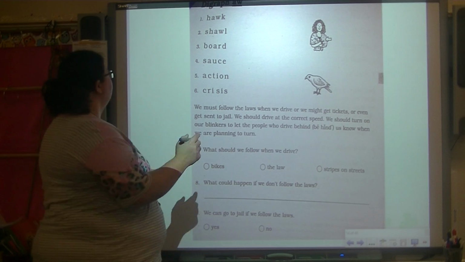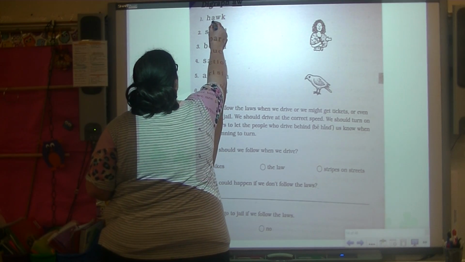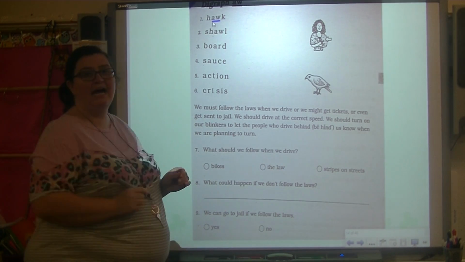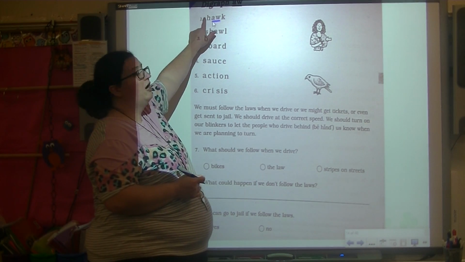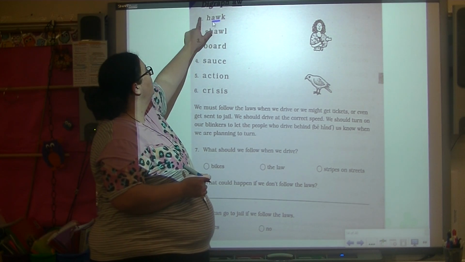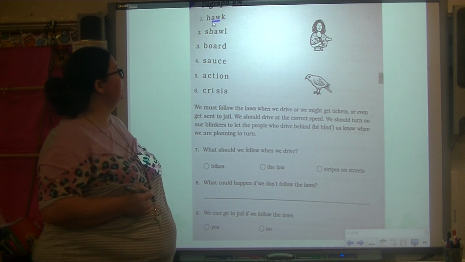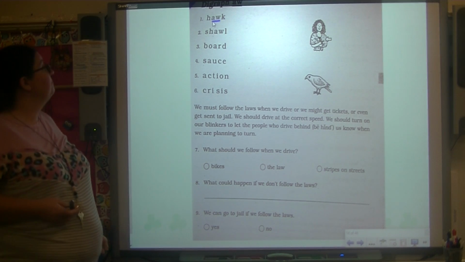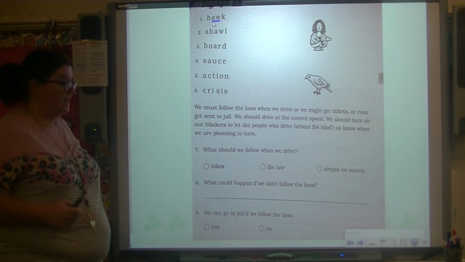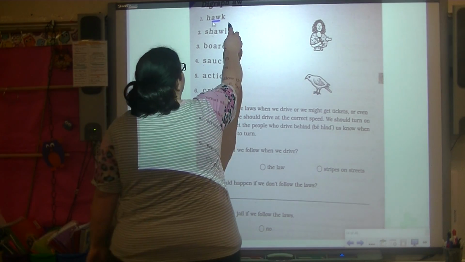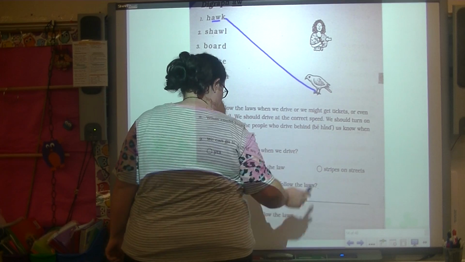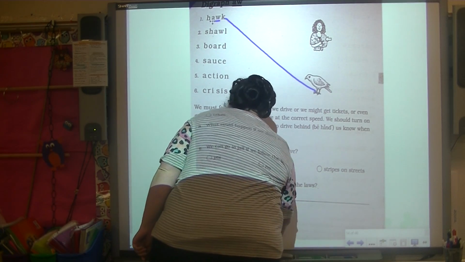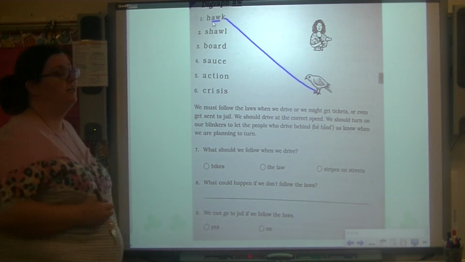Digraph AW. Alright, now let's sound it out. Get ready? Hawk. What word? Hawk. What is a hawk? It's a bird, yes. It's a type of bird. Can be a large bird.